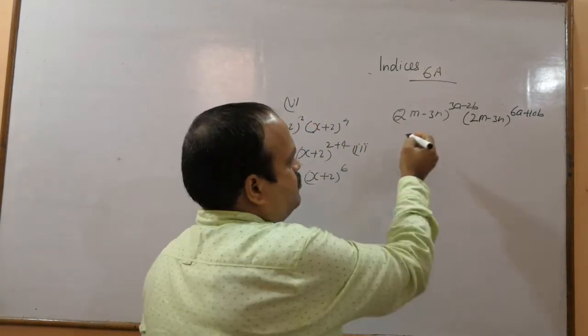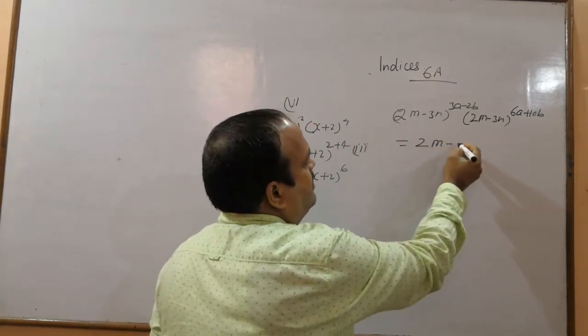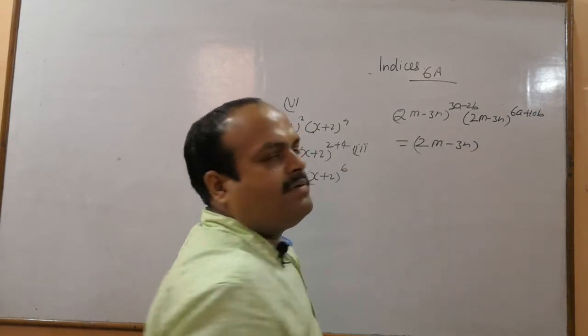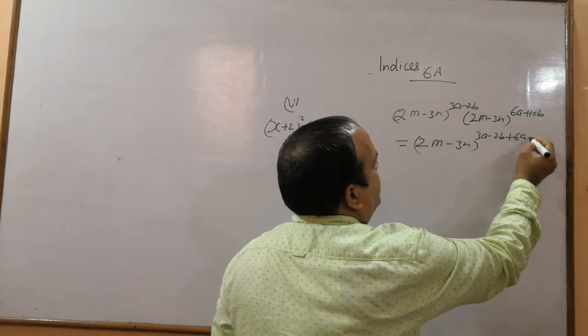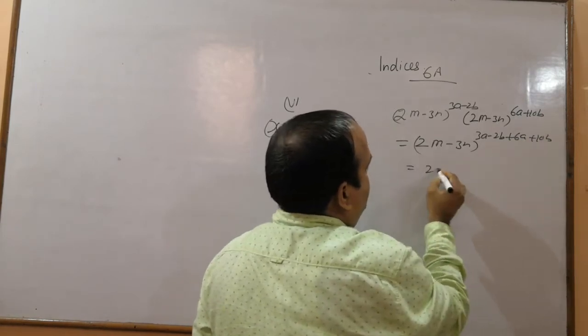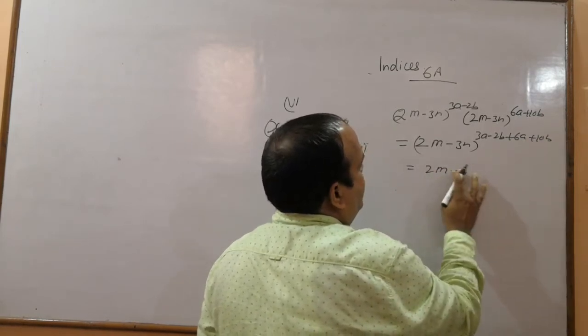The bases are same. To get the result, we will add the powers. 3a minus 2b plus 6a plus 10b, with the base 2m minus 3n.